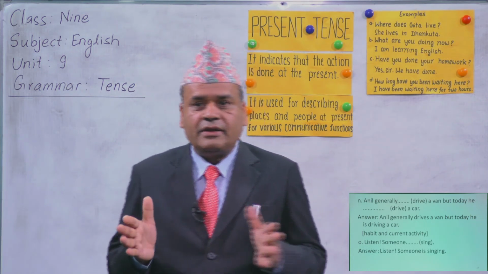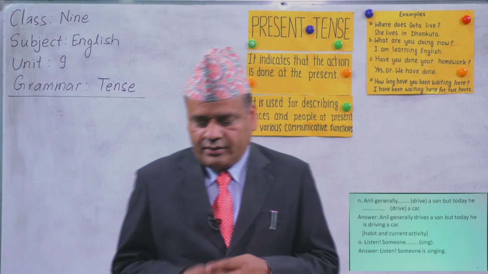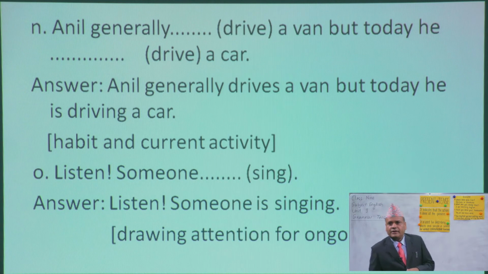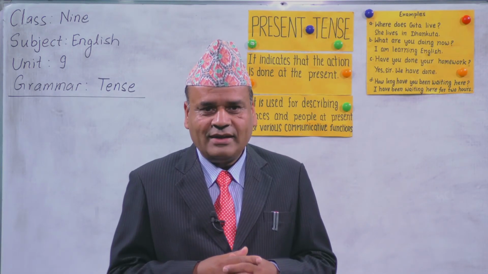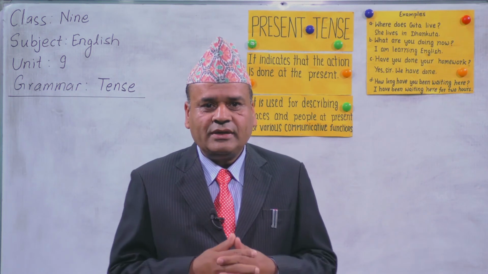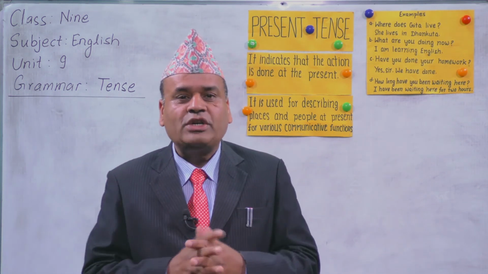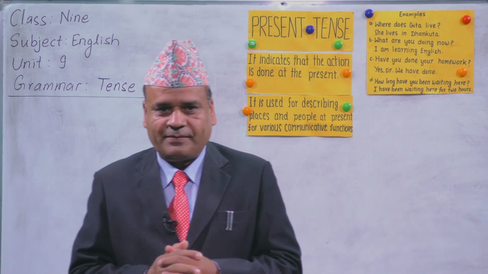So listen, someone is singing. Okay? So this is how we learn. So this is drawing attention for ongoing action. Not only listen. You can say, look, somebody is coming. Right? Look, listen, okay? Hurry up, okay? There are other terms also for present continuous tense.